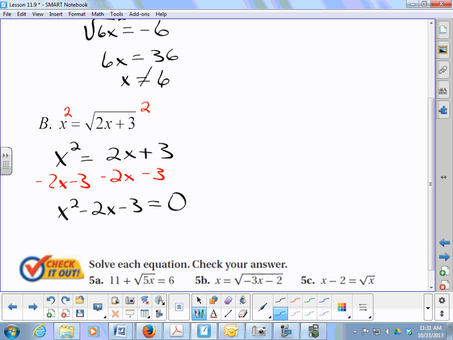Hopefully you remember how to factor that. All right, Krista, do you know? What are the factors of negative 3 that add up to negative 2? x minus 3 and x plus 1.